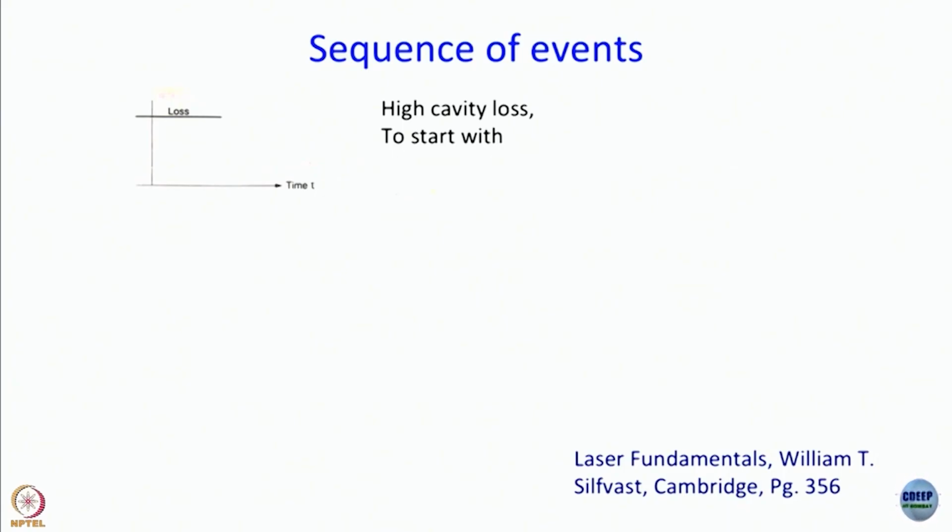So, the essence of Q switching is that first of all you maintain the laser in a very low Q level. Does somebody remember what the meaning of Q is in this context? We are not talking about Q in James Bond movies. Yeah, Q is for quality factor, right?